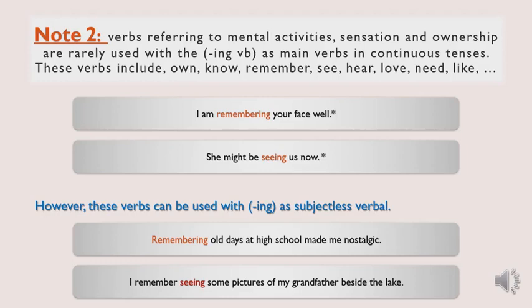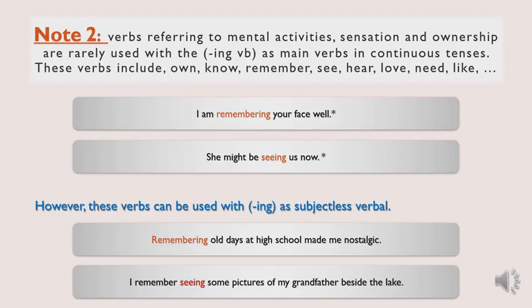The second note says that verbs referring to mental activities, sensation, and ownership are rarely used with the ing verbal as main verbs in continuous tenses. So in continuous tenses, we cannot use the verbs that refer to mental activities, sensation, and ownership.